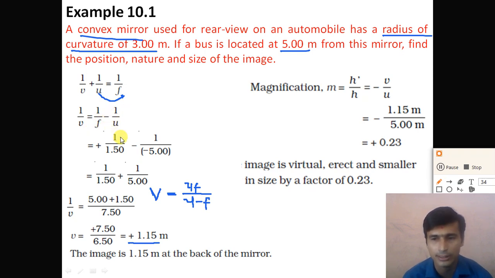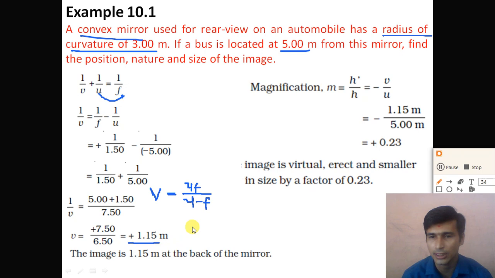And from this, we modify our formula of the image distance: v is equal to uf divided by u minus f. So put the values in this formula and calculate the image distance. We get plus 1.15 meter. So dear student, the image is formed at a distance of 1.15 meter at the back of the mirror.